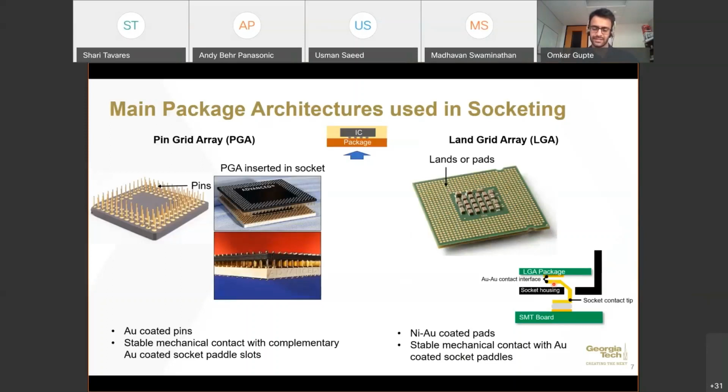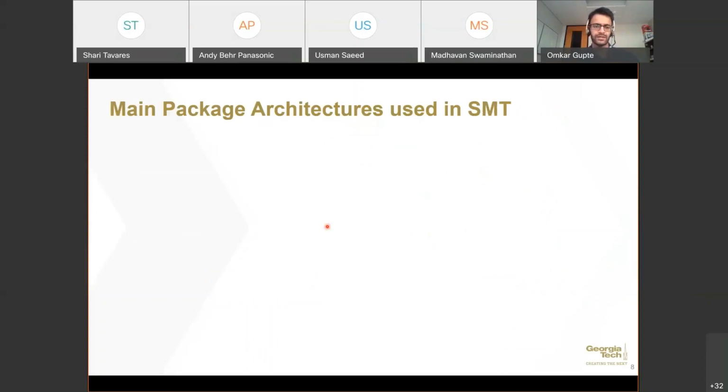So in both these architectures, a mechanical contact is formed with the socket, which helps in the reworkability a lot, since it's just a mechanical contact, and the package can easily be removed and replaced with another package.